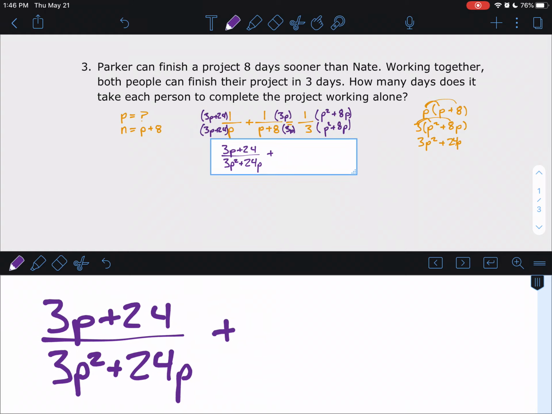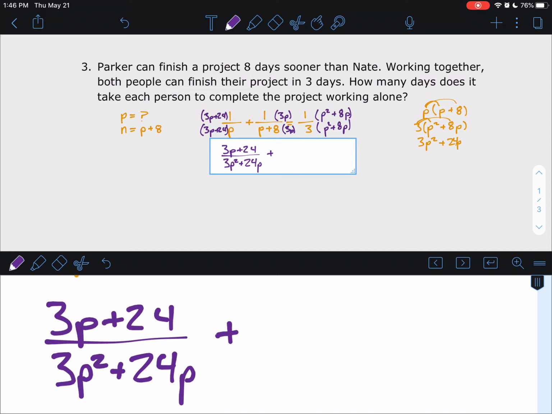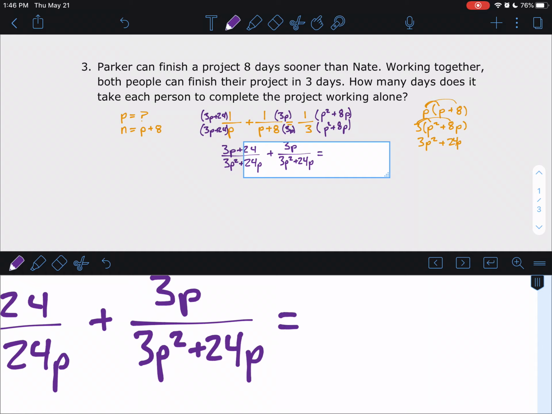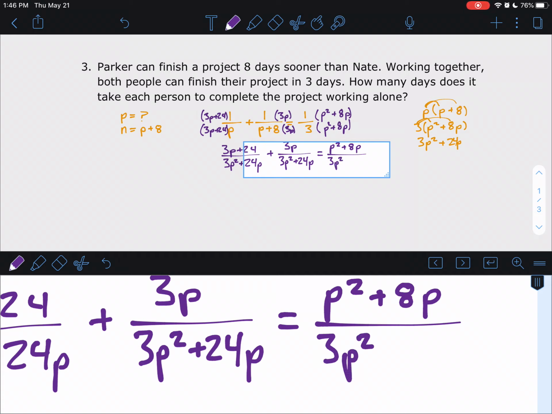Then over here we have 1 times 3P is 3P, and 3P times P plus 8 is 3P squared plus 24P, and then equals 1 times P squared plus 8P is P squared plus 8P over 3 times P squared plus 8P is 3P squared plus 24P.